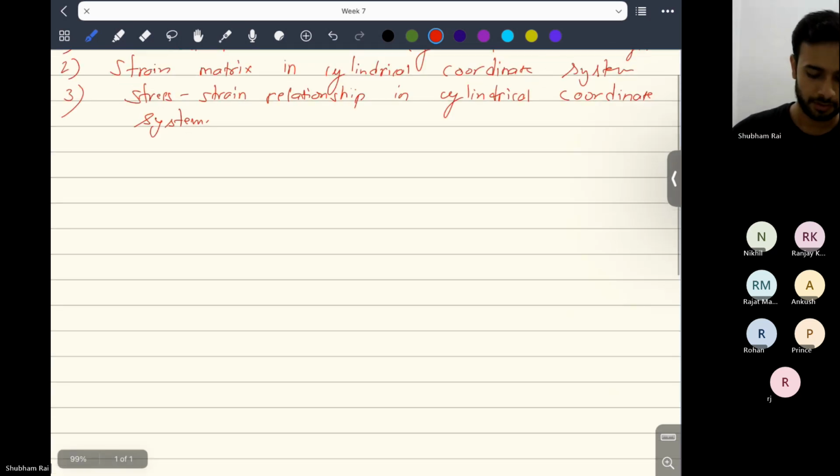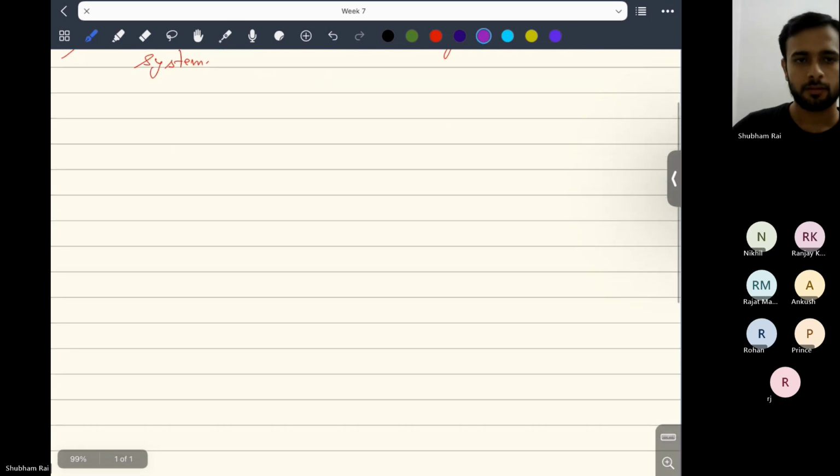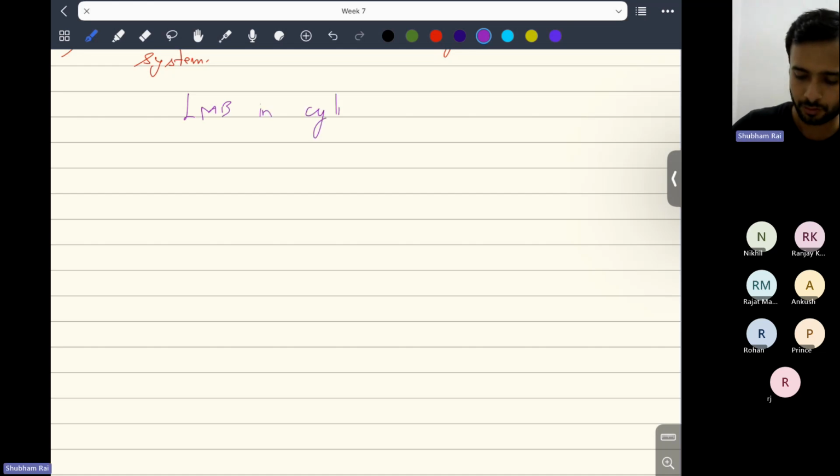Okay. Now let me recapitulate the concepts that you would have studied in the class. First is LMB, or linear momentum balance, in cylindrical coordinate system.